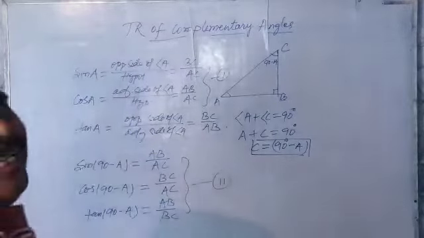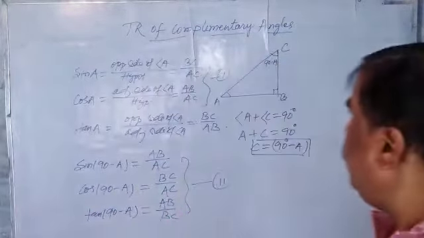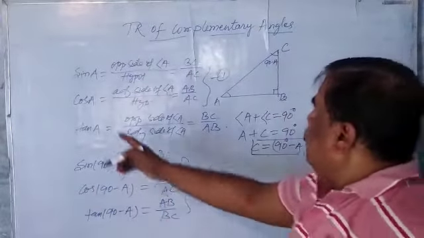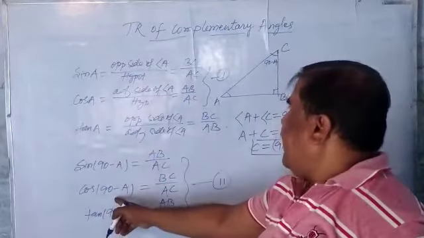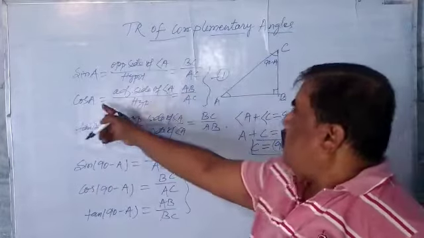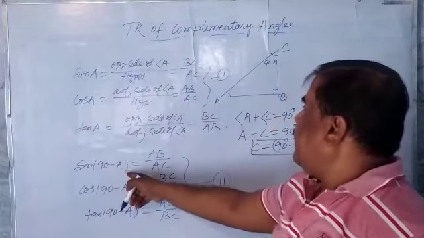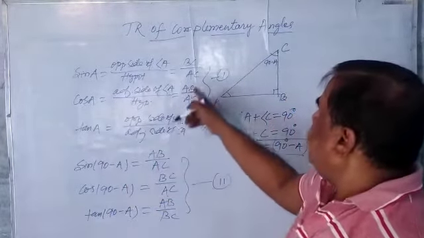When we compare equation 1 and 2, we get that sin A is equal to cos of 90 minus A, BC by AC. Cos A is equal to sin of 90 minus A, that means AB by AC.